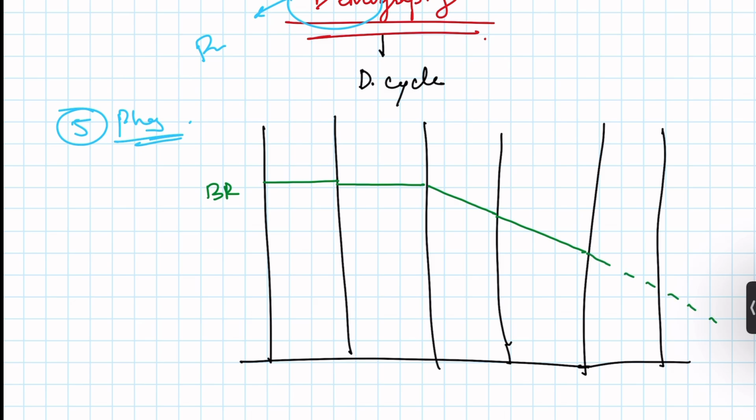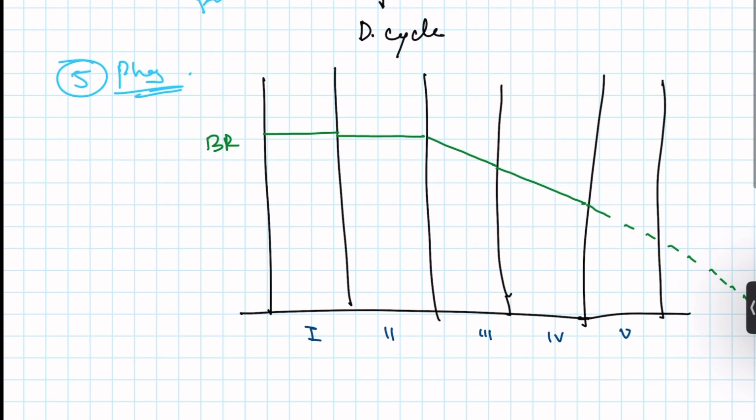Like this. Let me write the phases. This is 1, 2, 3, 4, and 5. The first phase is known as high stationary, then early expanding, late expanding, then low stationary, and declining. Now let's see what happens to the death rate. Death rate, here it is high.